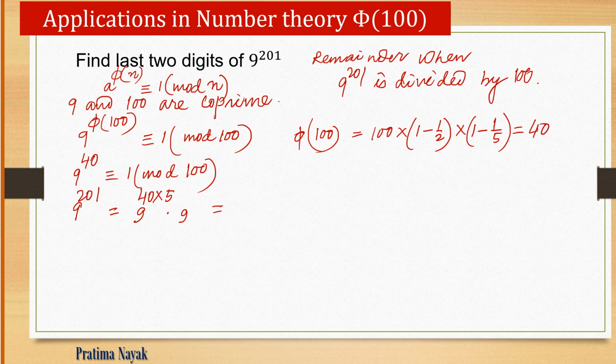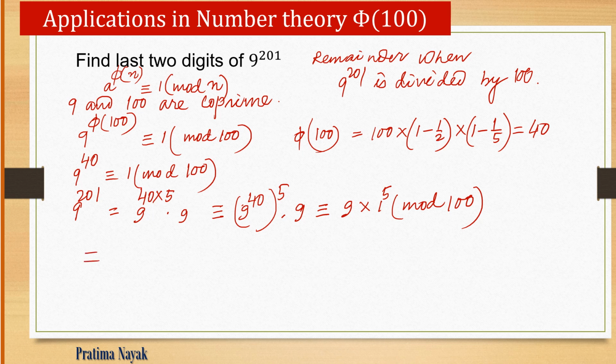So this is congruent to, 9 to the power 40 to the power 5 times 9 is congruent to 1 power 5 times 9 modulo 100, because 1 power 5 is also 1.